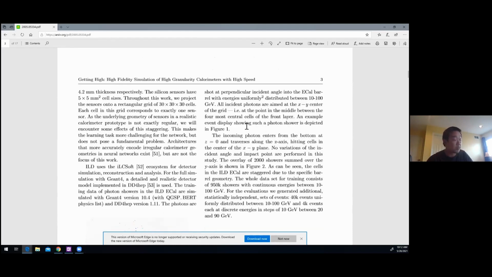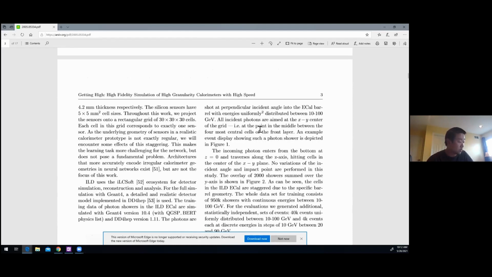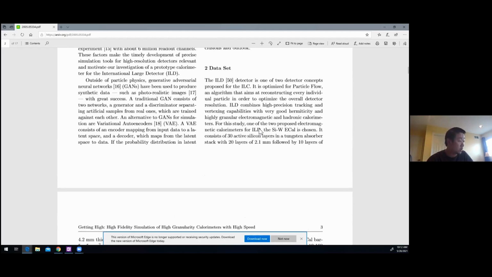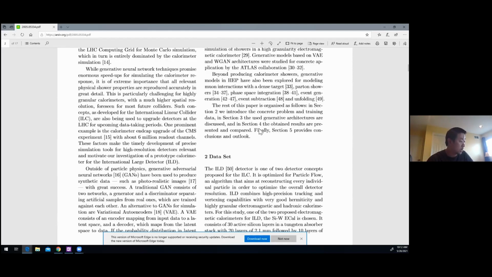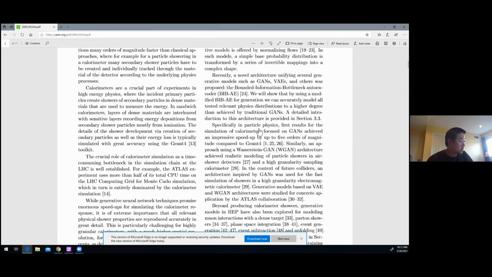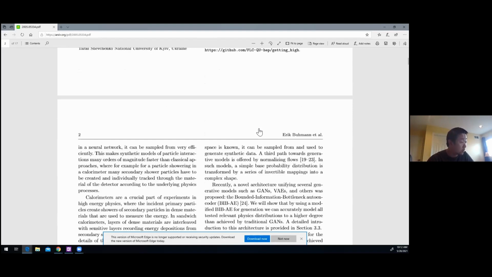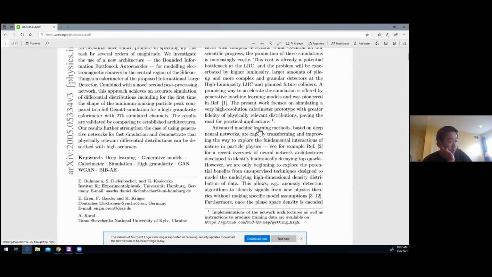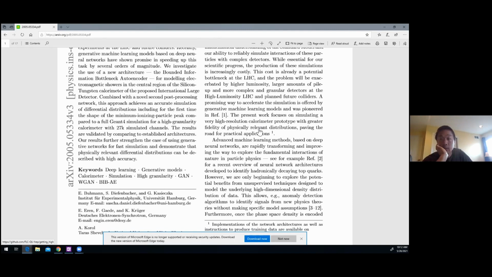They even have a GitHub that you can clone and do this yourself on your own GPU. Well, you need a GPU, but you don't need a super high level one. They don't seem to say anywhere. I myself have not tried to do this one. I have reproduced the CaloGAN results, so that's very much feasible on a single GPU.